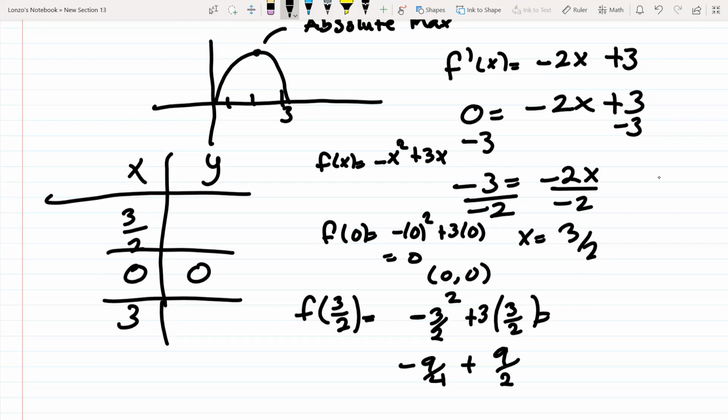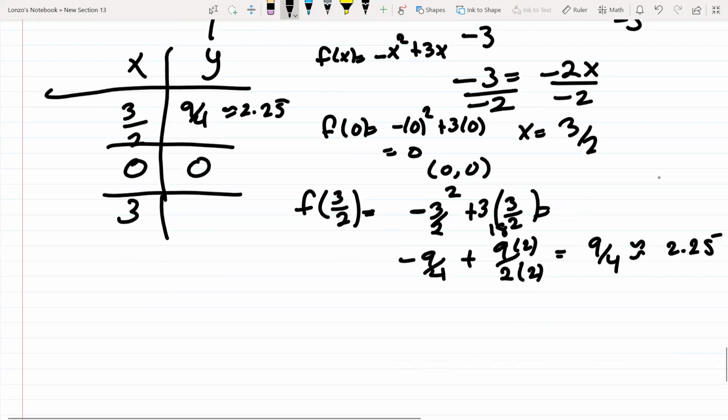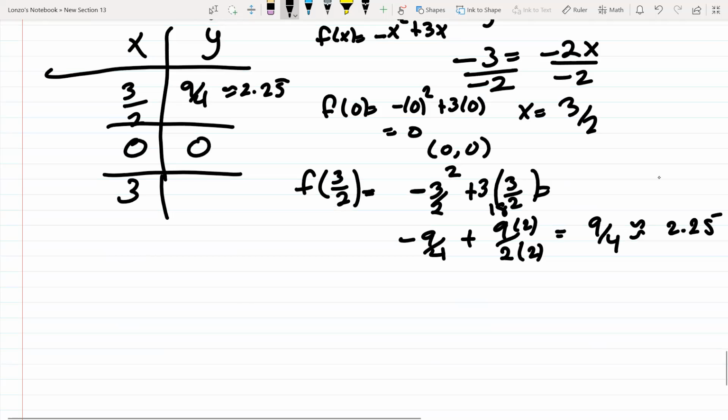So you need a common denominator. The common denominator between 4 and 2 is 4. So multiply top and bottom by 2, and that would be 18/4. So 18 minus 9 is 9/4, or exactly 2.25. So at 3/2, the y value is 9/4 or 2.25.